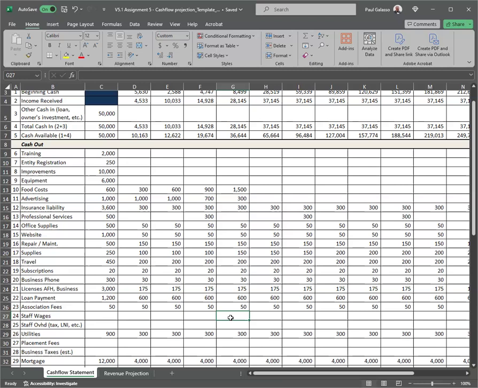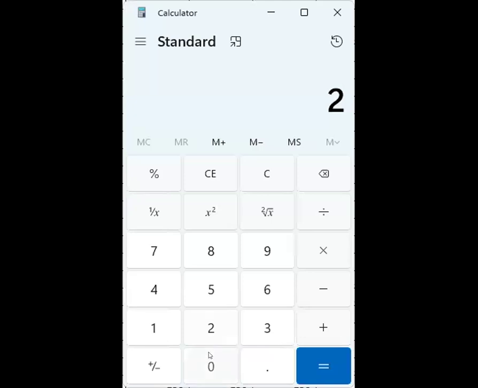So we're going to hire 1 full-time caregiver at $20 an hour. Okay, so if we open up a calculator, we have $20 an hour as how much we're going to pay a caregiver.